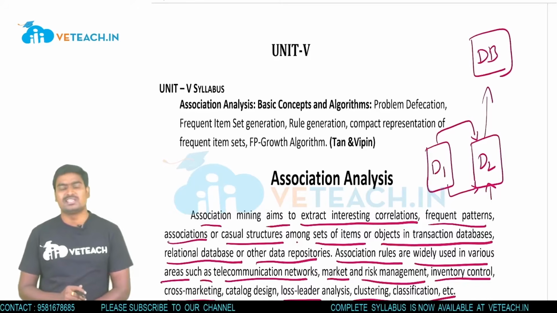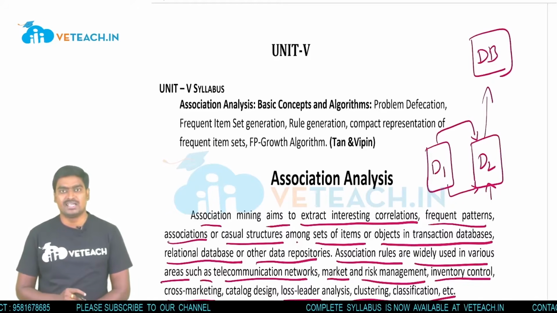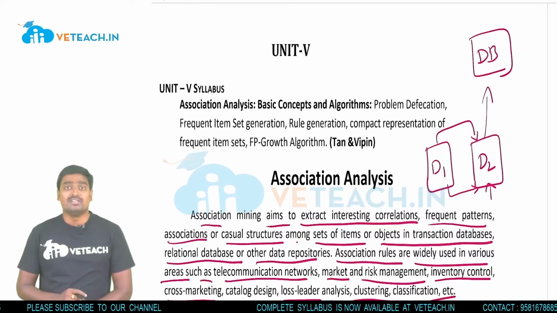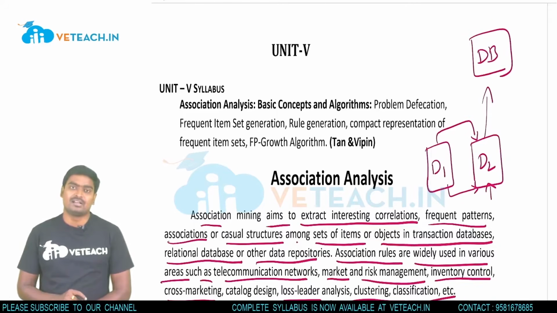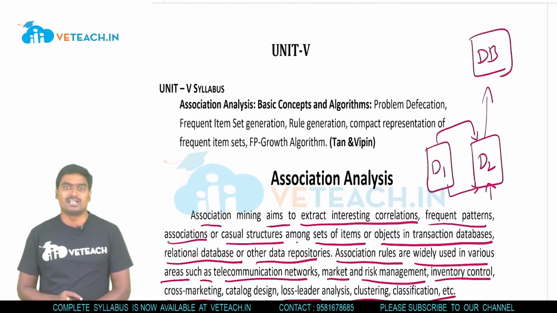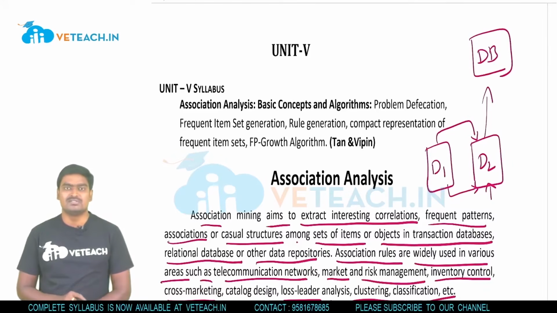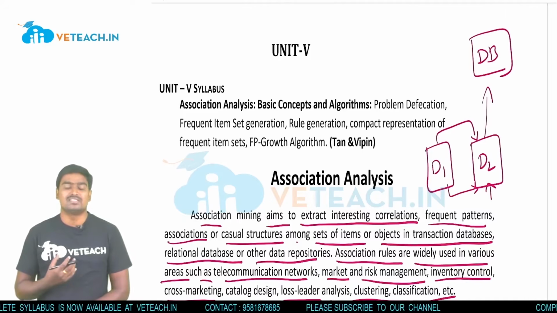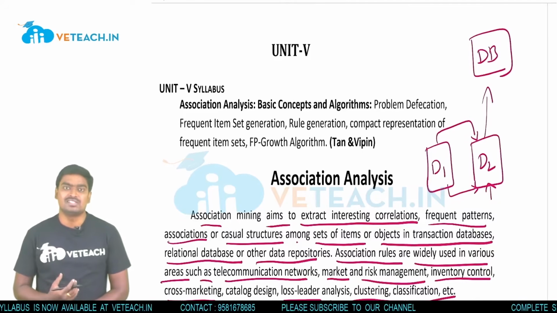Using this technique in data mining and data warehousing, we can find frequent patterns using techniques like the Apriori algorithm and the frequent pattern algorithm. With these various techniques, we can retrieve and generate the frequent patterns.